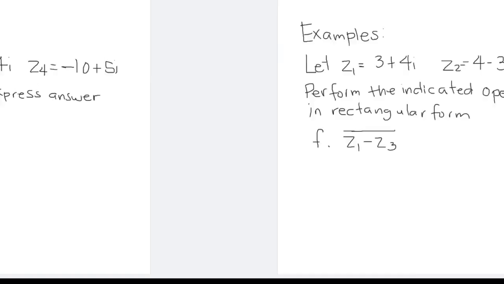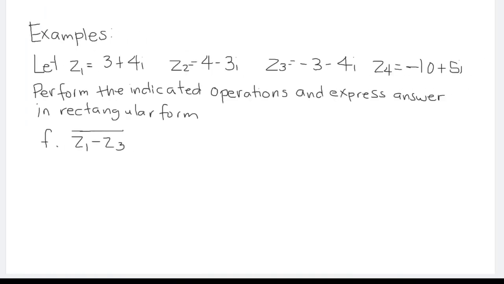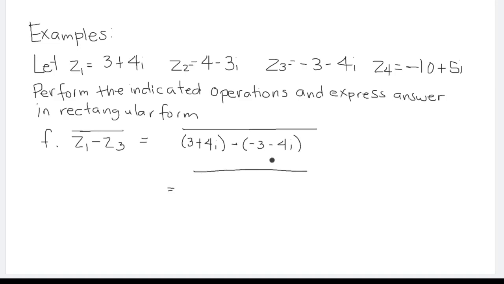Next, we subtract C1 minus C3 and we get the conjugate. So we have 3 plus 4i minus C3, which is negative 3 minus 4i. So we subtract the real parts and we have a conjugate still.